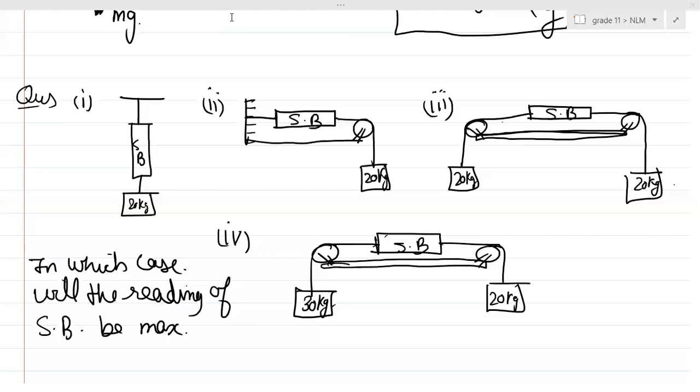The first case is easy. What will be the reading in the first case? What will be the tension in the first case? Guys, what will be the tension?